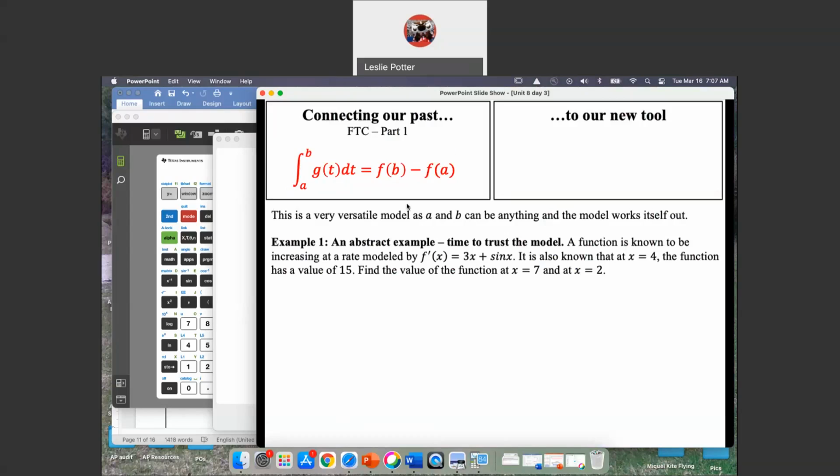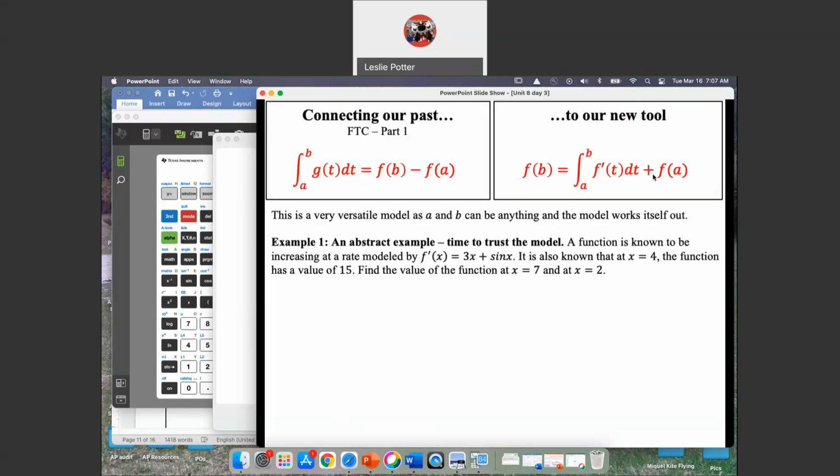So we're going to slightly modify this to our new tool, and really the modification is just solving for f of b. So we're using this tool in the context of wanting to find an ending value given an accumulation and a starting value. So we rearrange this and take the starting value to the other side by adding it.